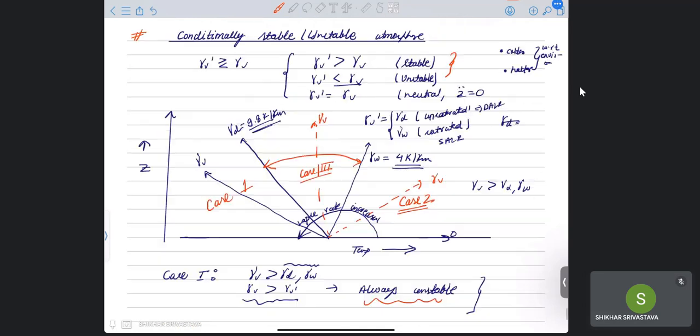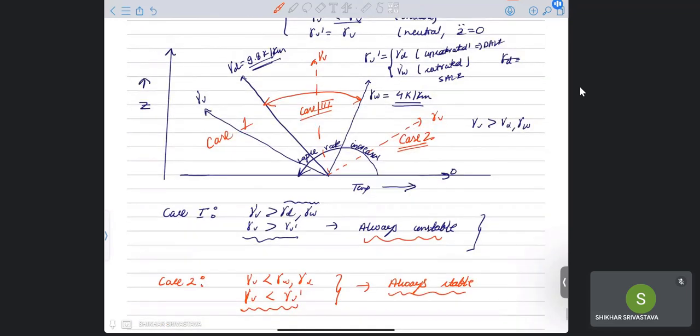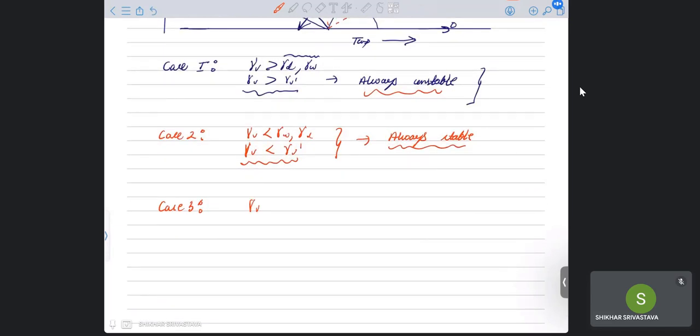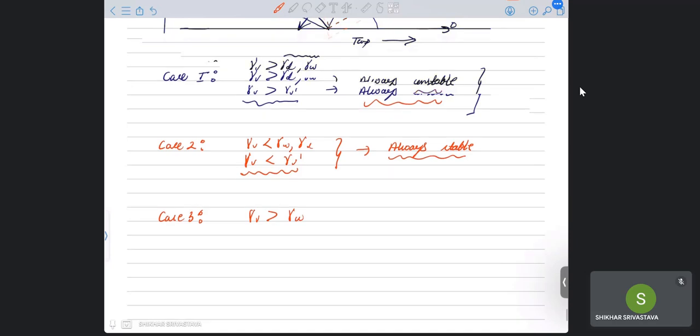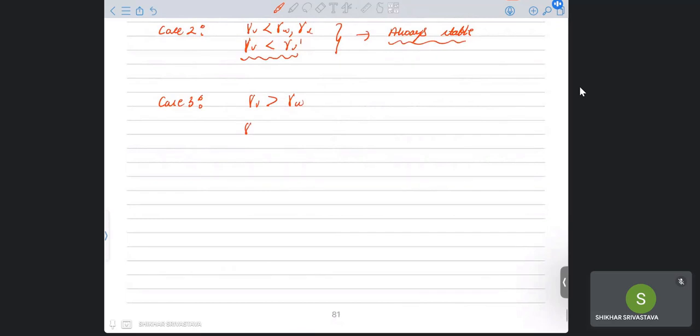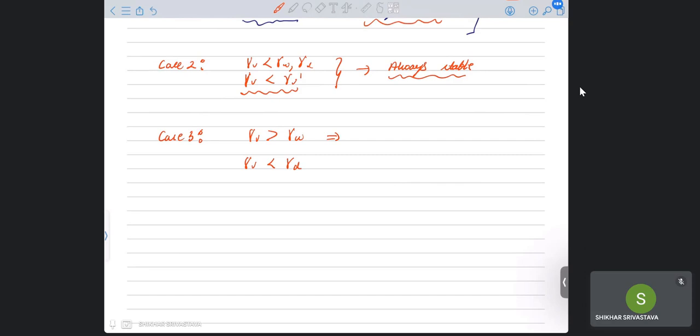In case 3, your gamma V is greater than gamma W, and gamma V is less than gamma D. This case means if the parcel is saturated, then it will follow gamma W. Its lapse rate will be gamma W, and that means gamma V is greater than gamma V prime.